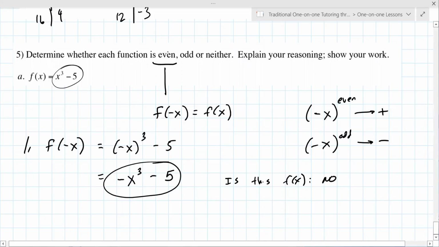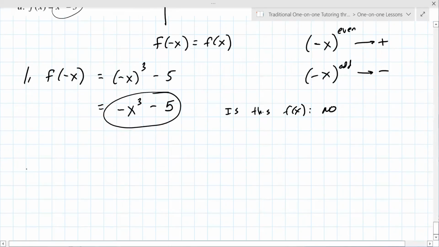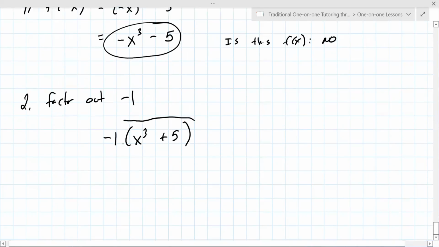All right. So now the next thing you do is factor out a -1. So all I'm doing is taking a negative out of this -x cubed and this -5. Now you look at this part inside parentheses and ask, is this f of x?